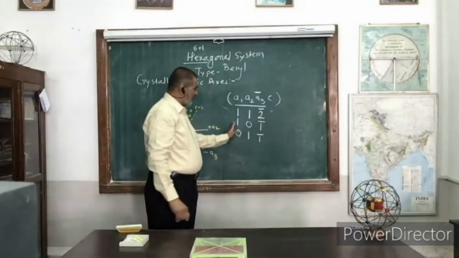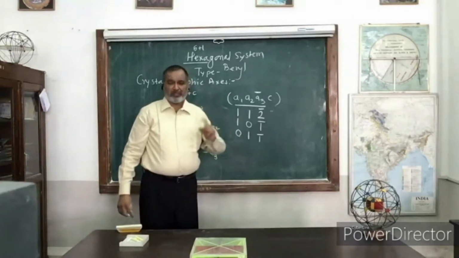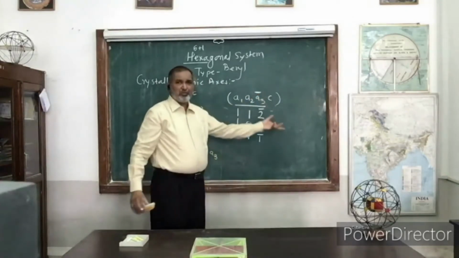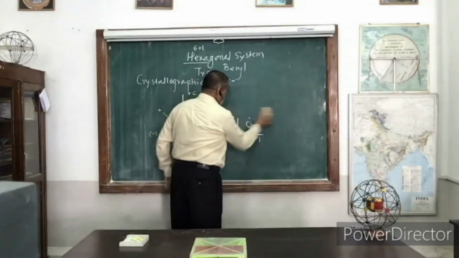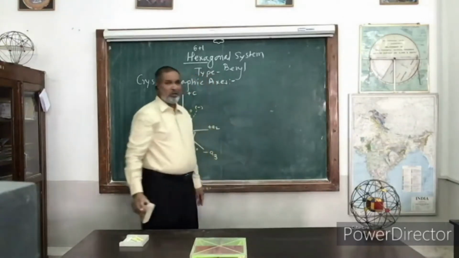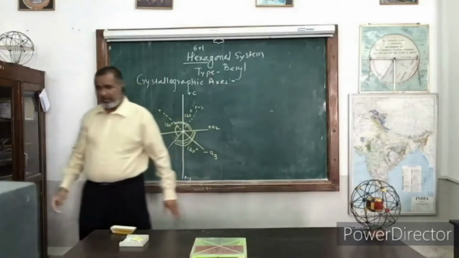So the sum of the A1, A2, A3 indices should be 0, while C may be 0 or 1, no problem; this rule applies only to the A1, A2, A3 axes. Along with this we have to find the indices.